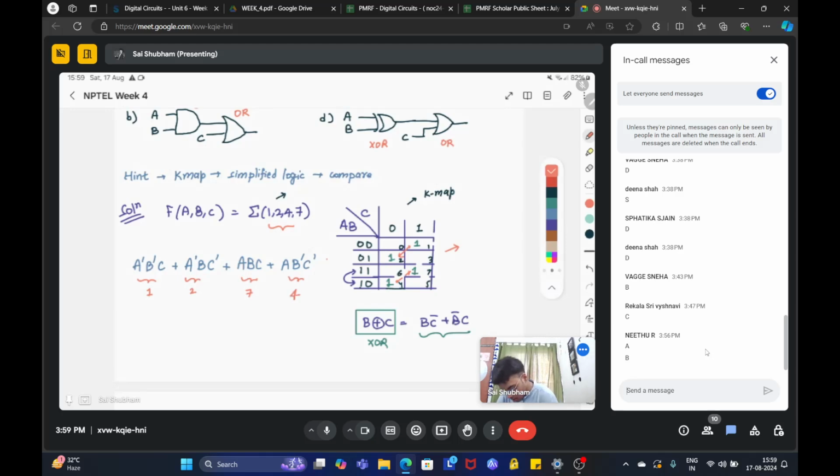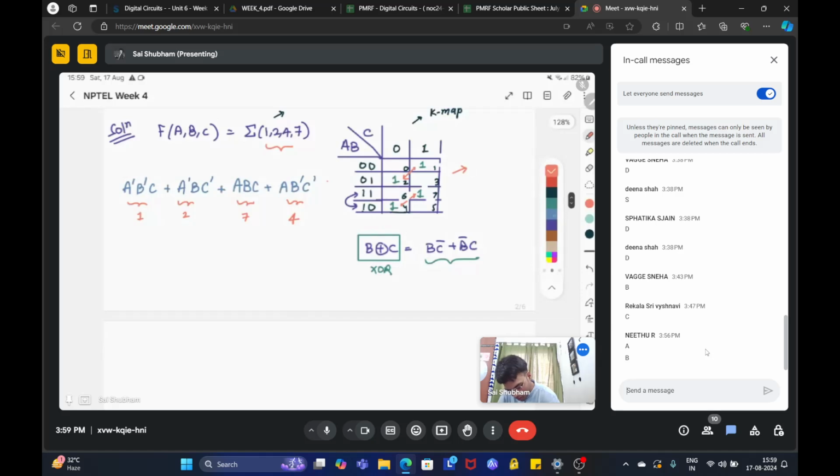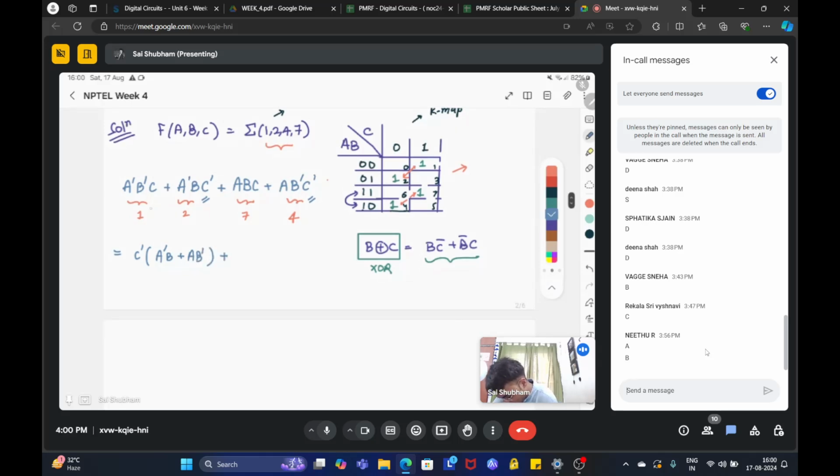Okay, now we can take C bar common from these two terms, C bar (A bar B plus A B bar). Now we can take C common from here, so it will be A bar B bar plus AB.